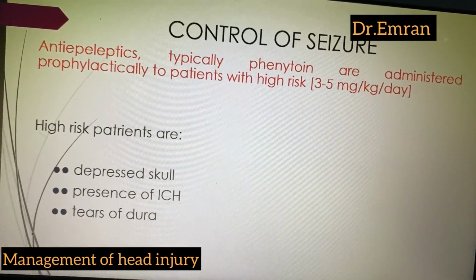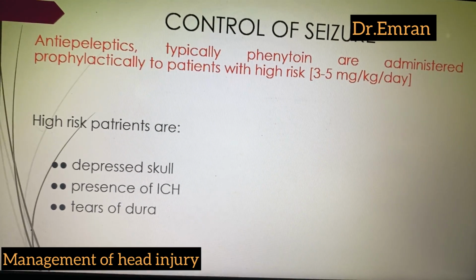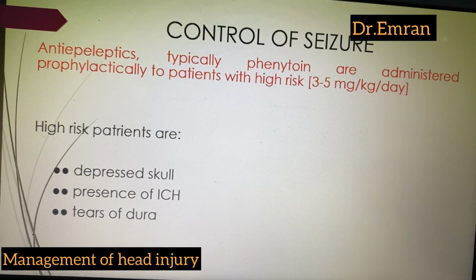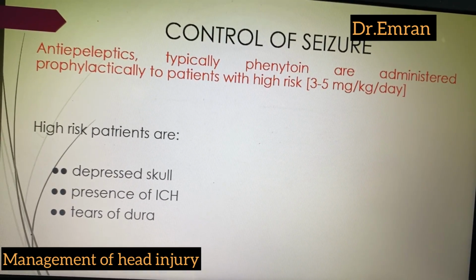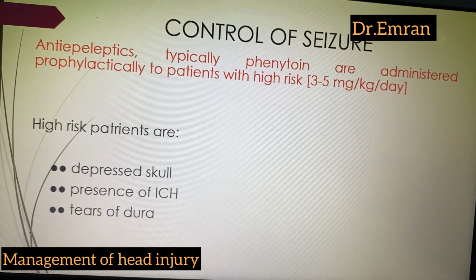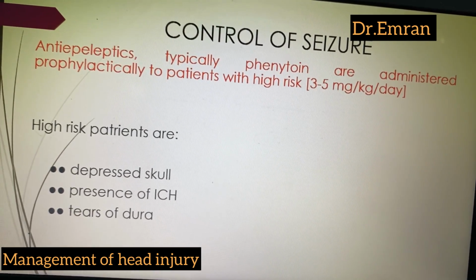Control of seizure. The patient may suffer from seizure following head injury, so anti-epileptics, typically phenytoin, may be administered prophylactically to patients at a dose of 3 to 5 milligram per kg per day. But who are the candidates?